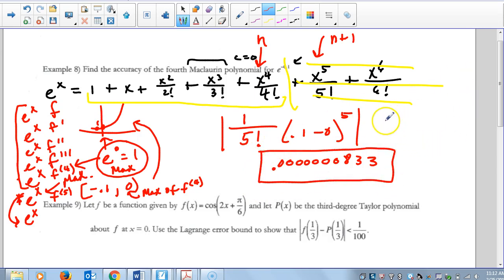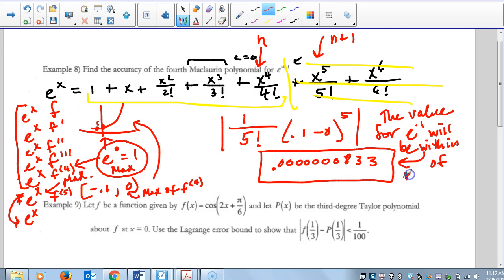So let me write that. The value for e to the 0.1 will be within that much of the real sum if we added forever, if you stop at the fourth degree.